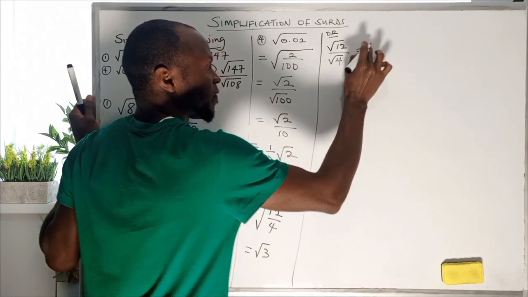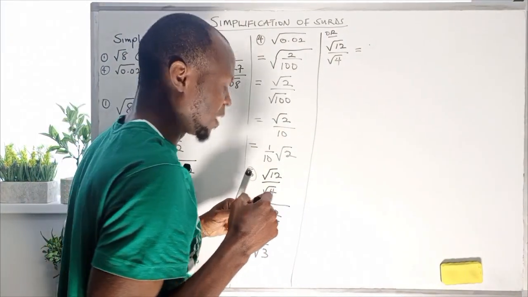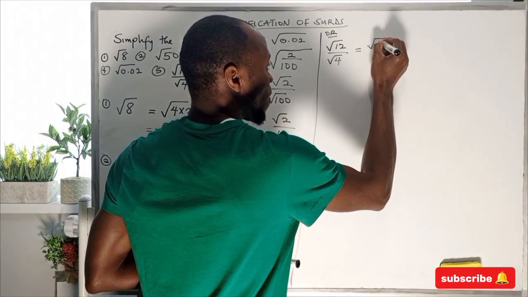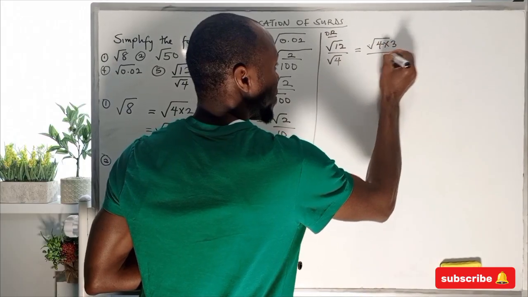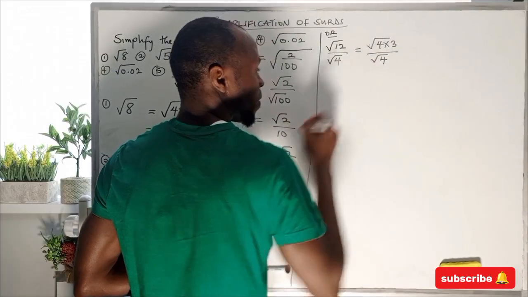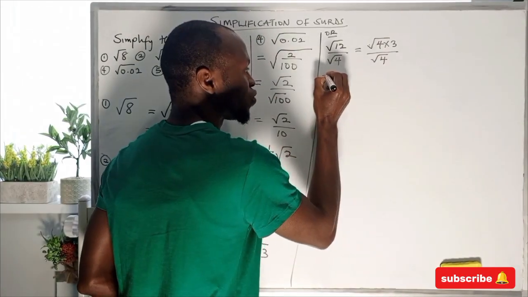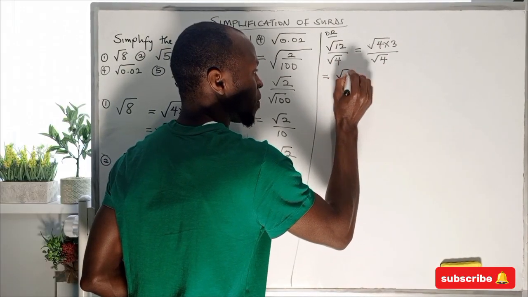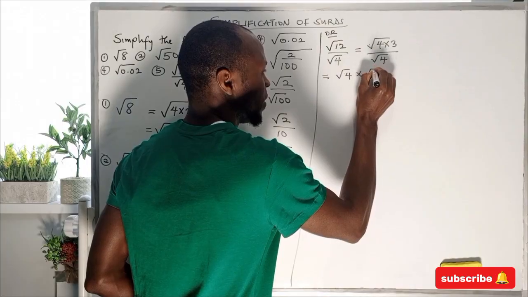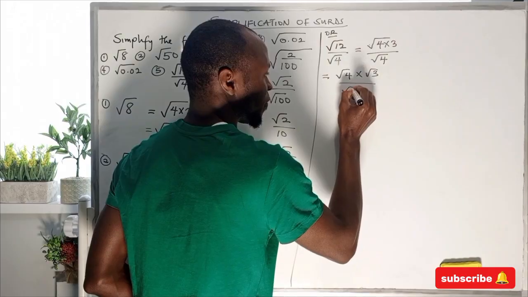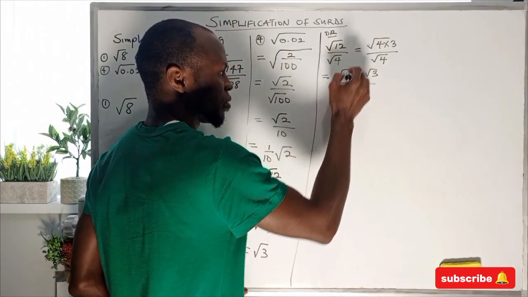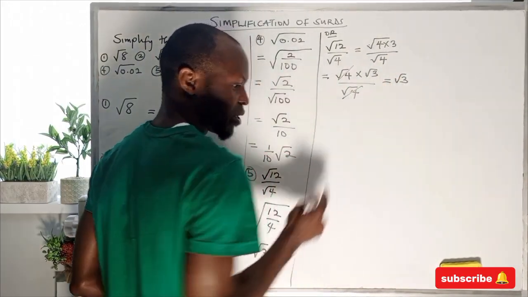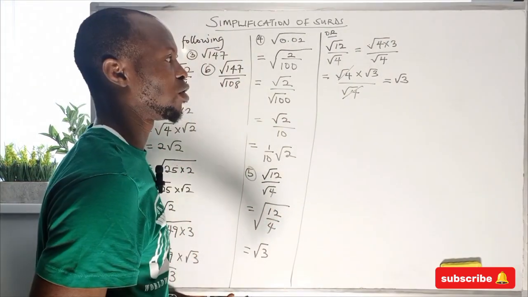Don't forget, surd 12 is the same thing as 4 times 3. Surd 4 times 3 divided by surd 4. Okay? Now this is equivalent to surd 4 times surd 3 divided by surd 4. If you see we have a common factor that can be cancelled, and this will be surd 3. It depends on what you have as the denominator.